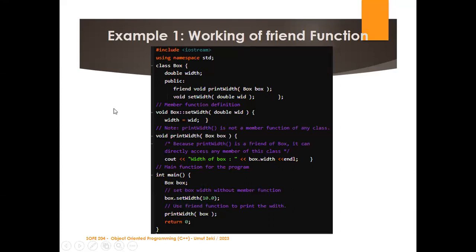I'm starting with the example that I gave in class last time, and I have more examples. Our class name is Box, and we created an object, again box with a small initial letter. We call a function setWidth with 10.0.